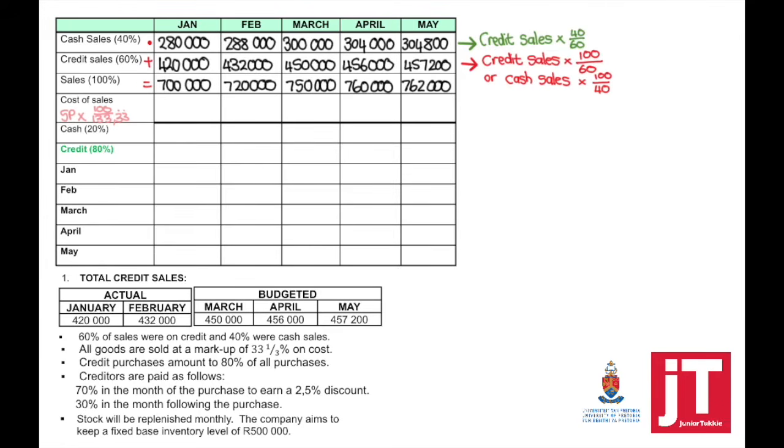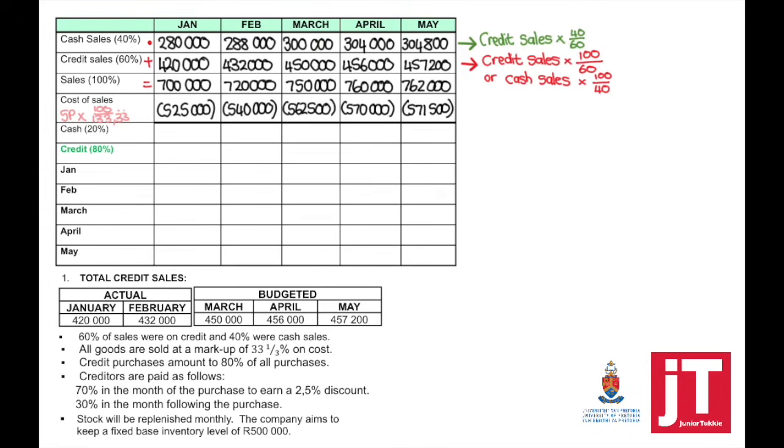So if I'm calculating this now, make sure that you round it off every single time. So to calculate for January, you had to take sales times 100 divided by 133,3 recurring. The same for February, March, April, and May.